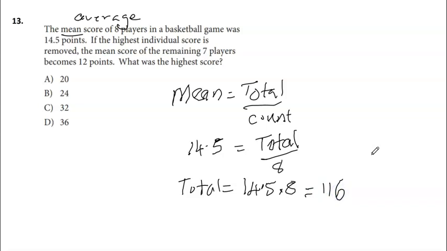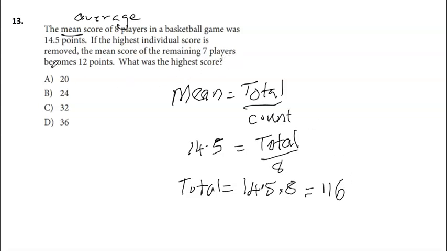116. And then we're given a situation where the highest individual score is removed from this set, right? Remember, it's from this set. So the total is no longer going to be 116. 116 is for the 8 players, right? Now we have 7 players.